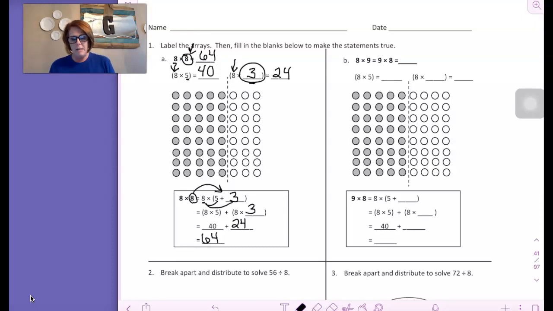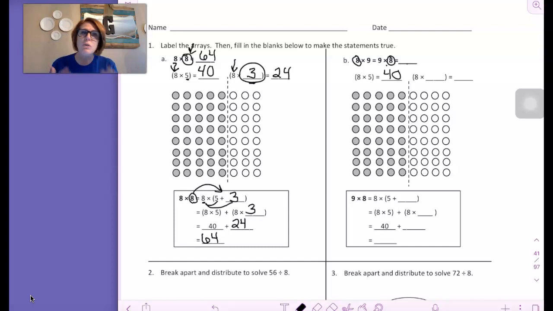Let's take a look at letter B. Here they show us 8 times 9 is equal to 9 times 8, which is equal to what? Okay. So same thing, we're pulling that 8 multiplier, it's called a multiplier because that's what we're multiplying by. So we're pulling that out and we're breaking apart the 9. So over here we have 8 times 5, which is 40.